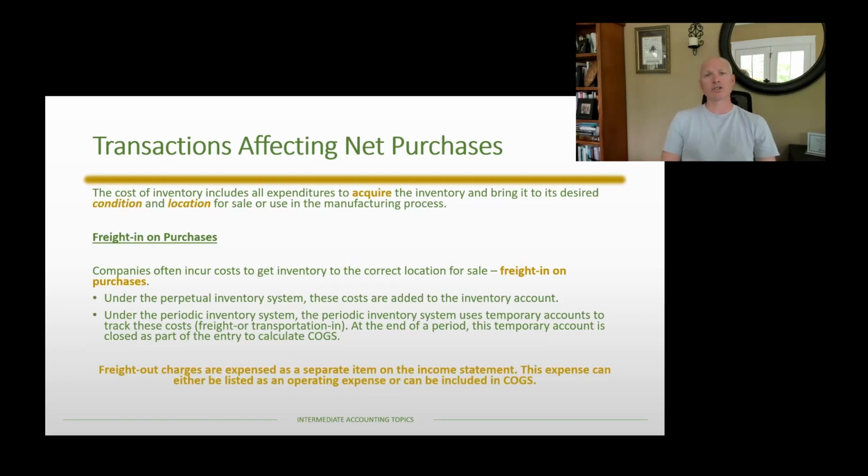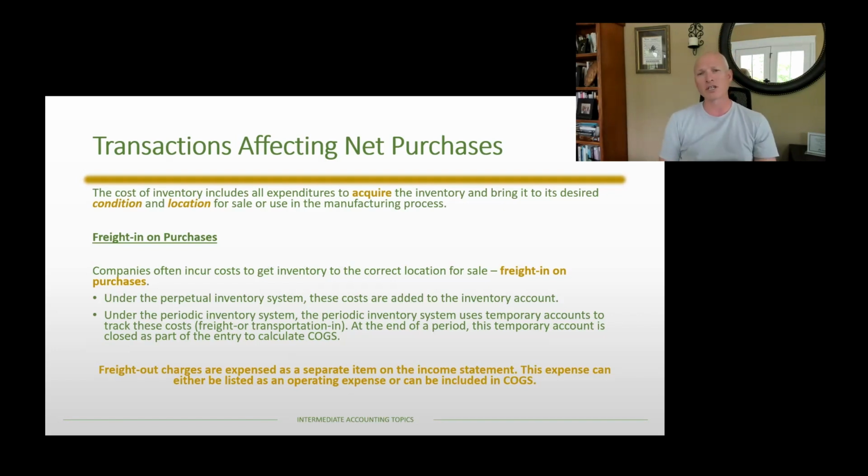Freight out charges. So freight in is I'm bringing it to my facility. Freight out is I'm expending money to get it to my customer. In that case, it's just usually going to be expensed. It doesn't get added to inventory. It's just expense. And the real big reason, practically speaking, is that a freight out charge is something you've already sold. So you don't put it on your balance sheet because it's transferred. You don't have it anymore.